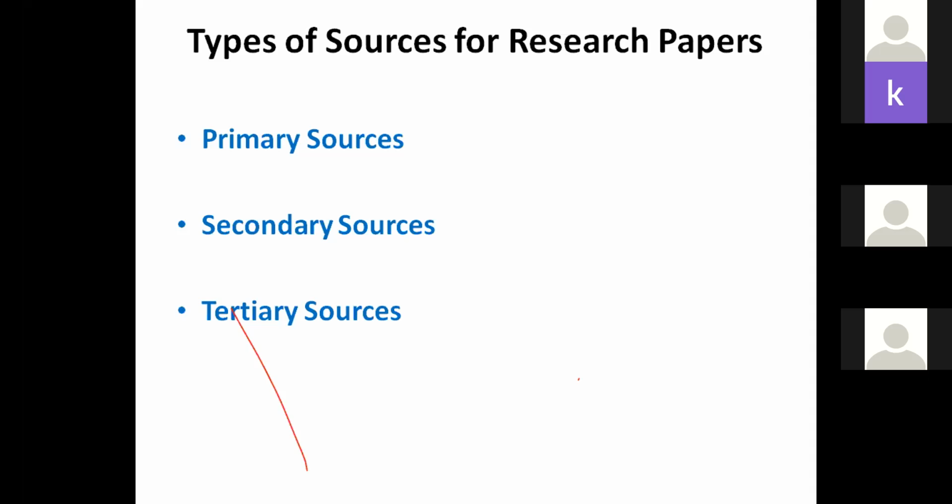Tertiary sources, you can think of as an index which has both primary and secondary source information. So these are used for locating and organizing primary and secondary sources. And they can be indexes, abstracts, and databases. So these are about the types of sources of a research paper.